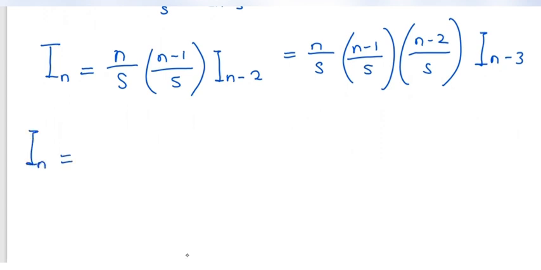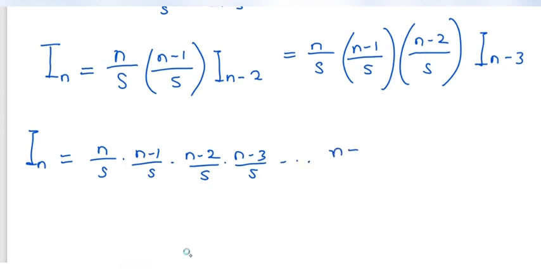So to write a complete series for this, we're going to have something like n over s times n minus 1 over s times n minus 2 over s times n minus 3 over s, and so on, down to 1 over s times I naught.